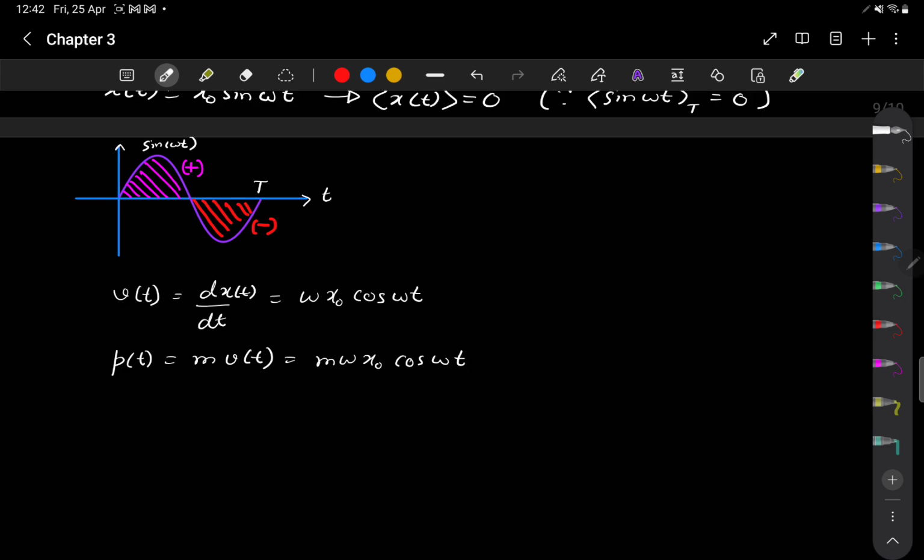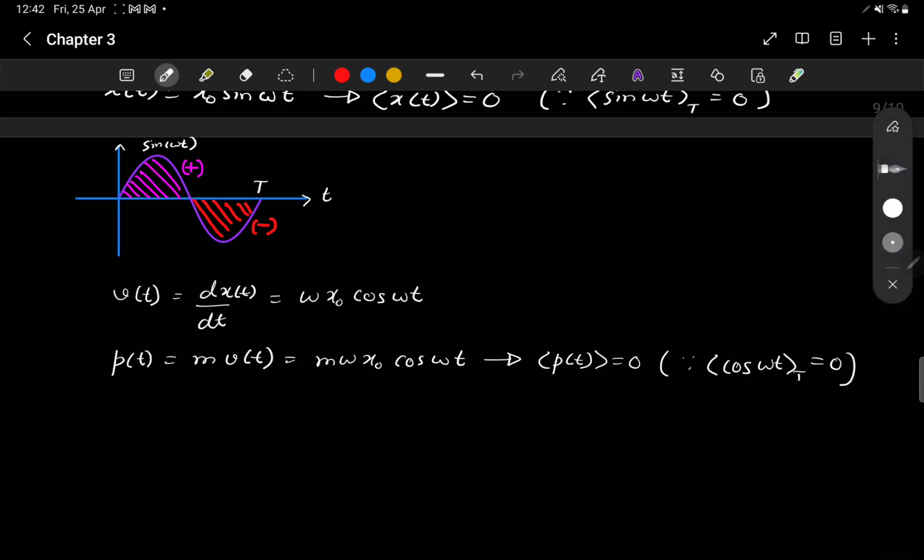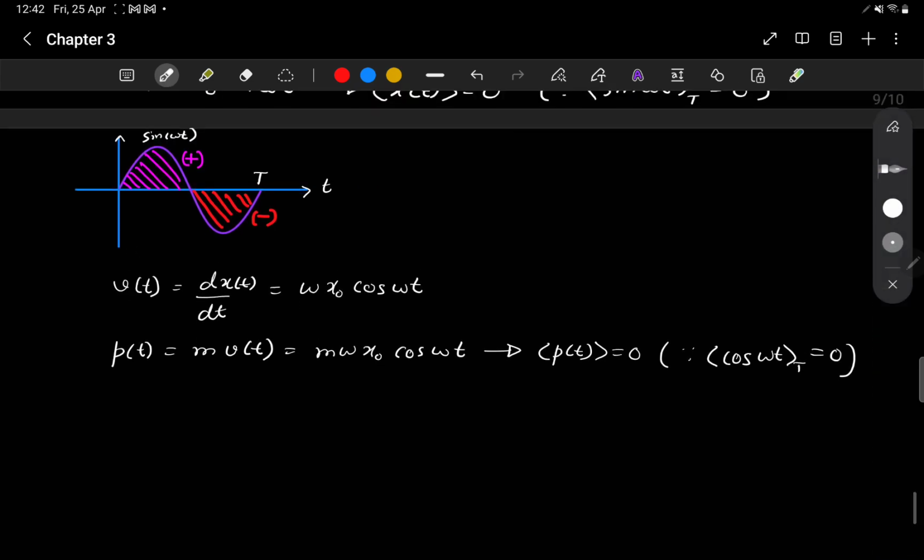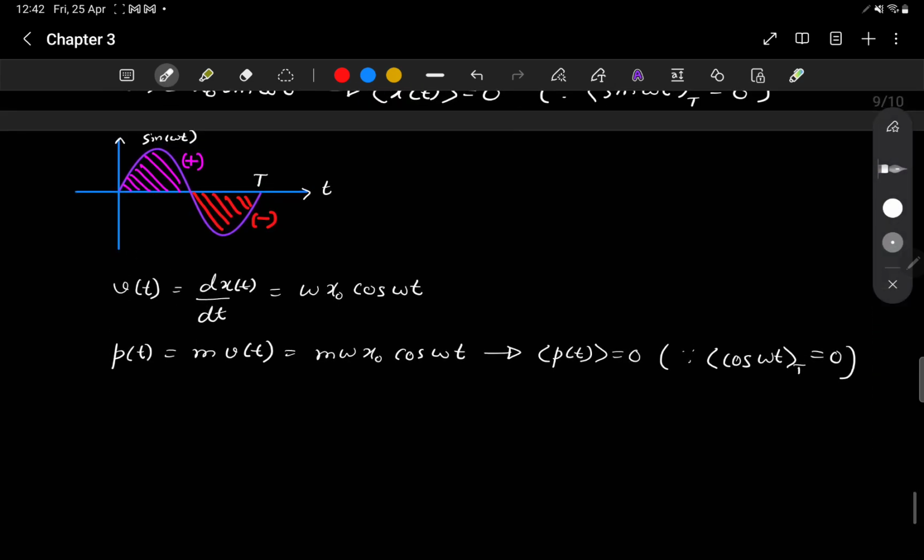Now this also averages out to 0. Why? Because again the average of the cosine function over a time period T is also 0. And let me draw the cosine function.